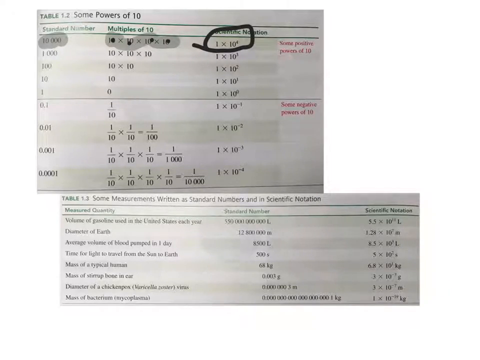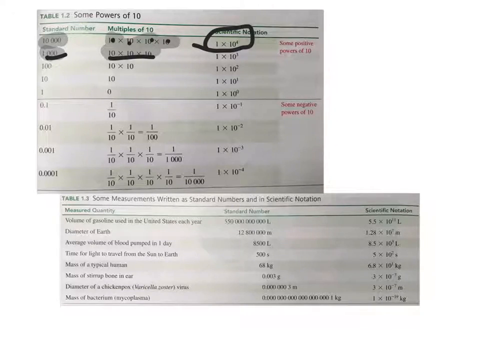For the number 1,000, you can see right there, it's 10 times 10 times 10. 3 zeros total here and here. Since it's 10 multiplying by itself 3 times, you get 10 to the 3rd power. And so on and so forth.